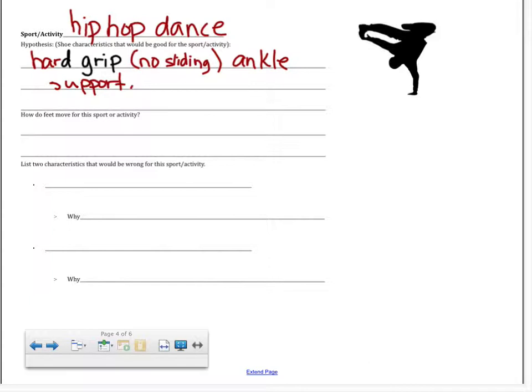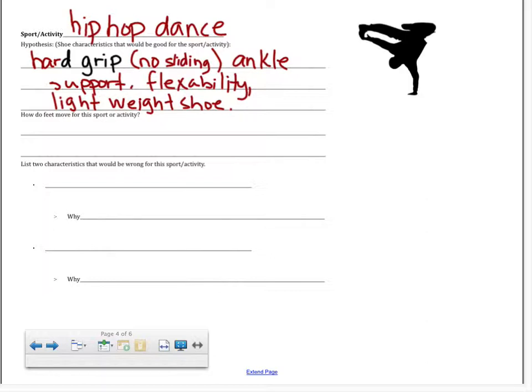What else do you think you need? Flexibility. Anything else? Light shoe. You want a lightweight shoe so you can jump and do that backflip. Okay, so he says so you can jump and do a backflip if that's the type of dance you're doing.